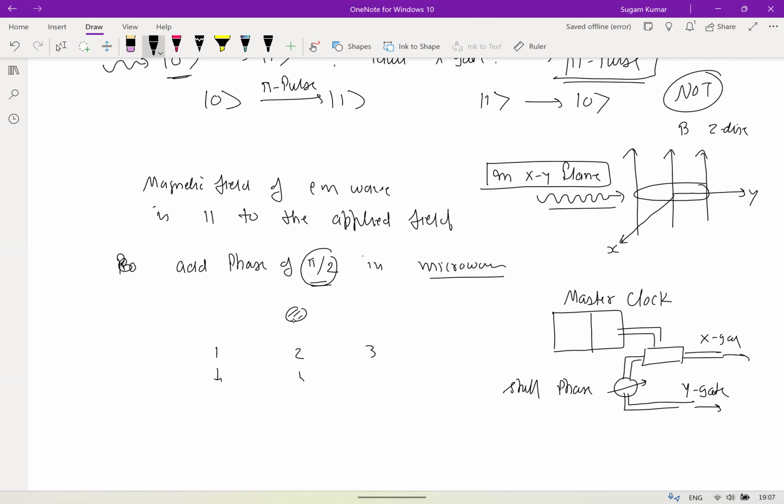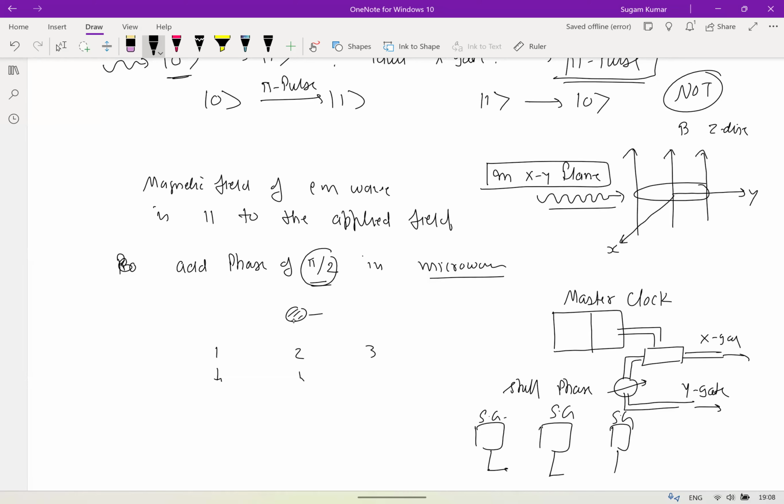If there is a master, the one person will say 1, 2, 3, now go. So I am giving an analogy that the master clock is actually a master who is going to synchronize the timing of every instrument. If I am using one signal generator, another signal generator, a third signal generator, and I want to produce pulses out of these and give them to our system, then I want to synchronize.